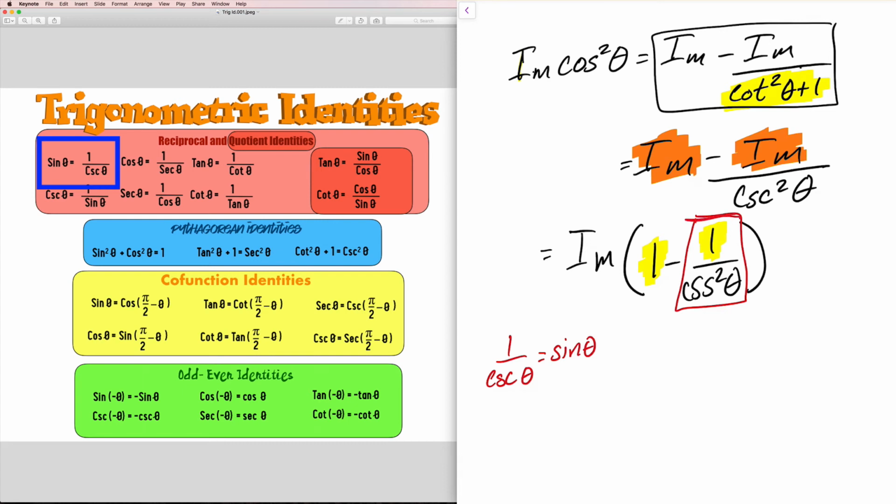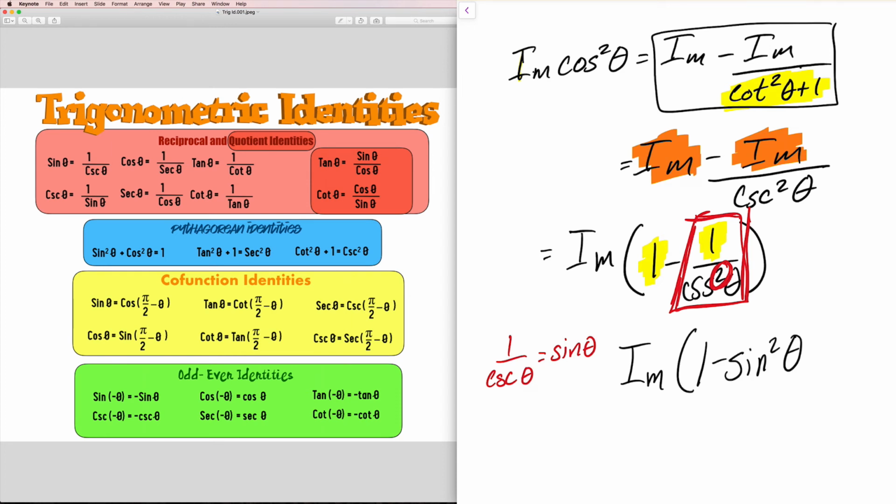So then that means everything in here I can replace with sine theta. And because I have an exponent of 2, I can just say it's sine squared theta. So then my new problem is I sub m times 1 minus sine squared theta.